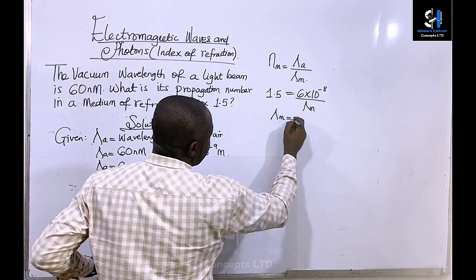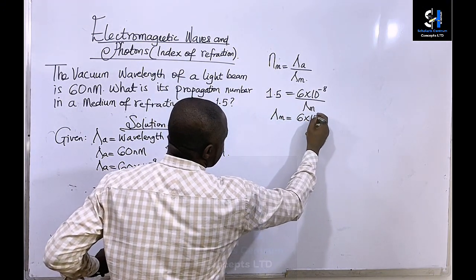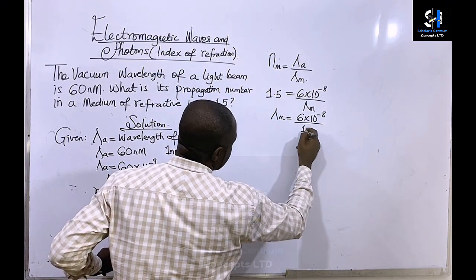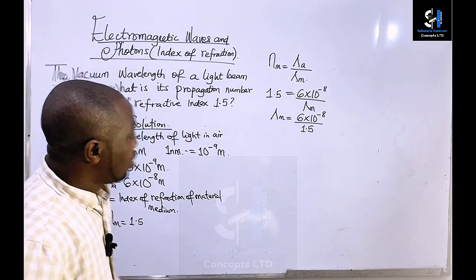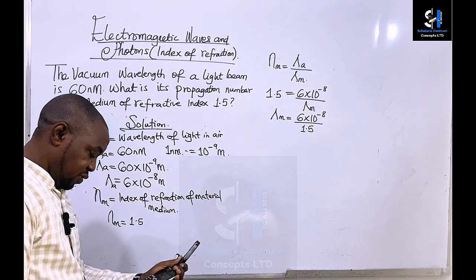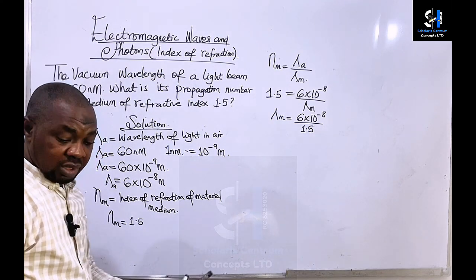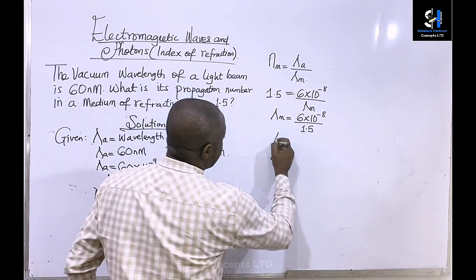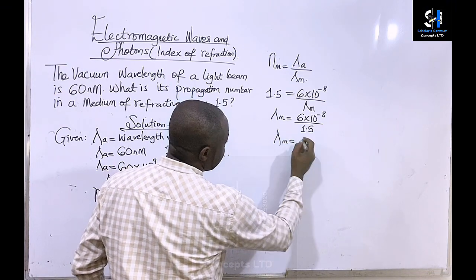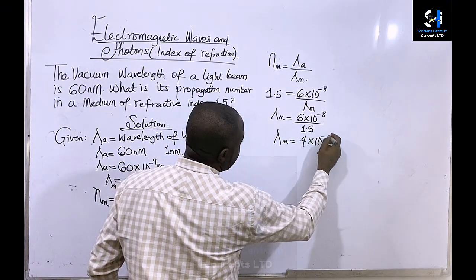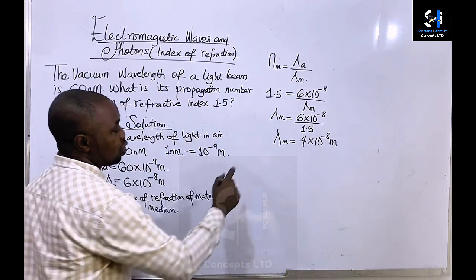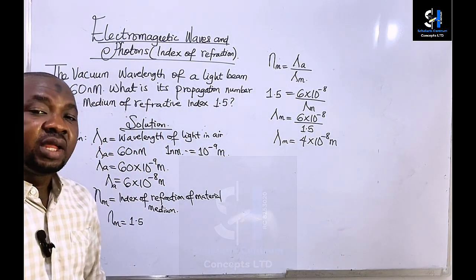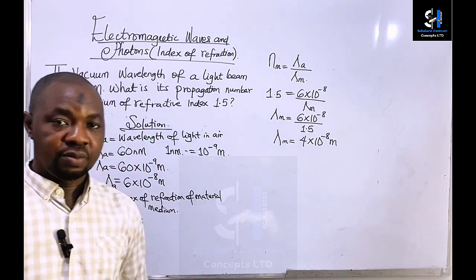So the wavelength of light in the material medium will be 6 times 10 raised to the power of -8 divided by 1.5. What is 6 divided by 1.5? That will be 4. So the wavelength of the material medium will be 4 times 10 raised to the power of -8 meters.